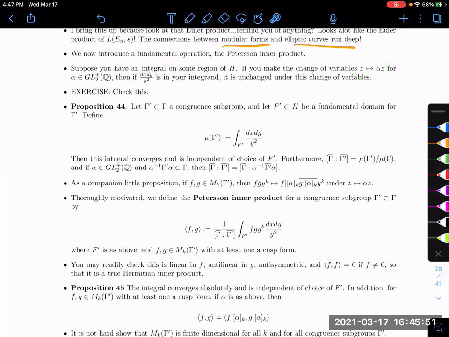Let's say I send z to alpha acting on z, and alpha is in this huge group of matrices GL2 plus Q, which is the biggest group of matrices we've been working on so far. Then it turns out, and this is not even hard to show, that if dx dy over y squared ends up in your integrand, then the value of the integral is unchanged by this change of variables.